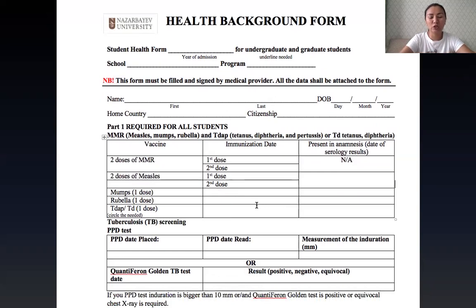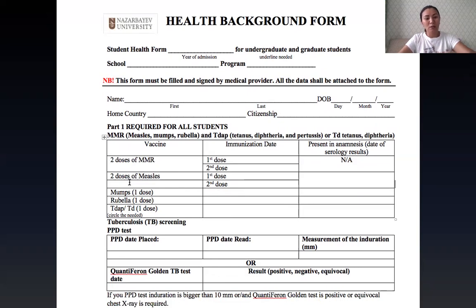Part one basically shows mandatory vaccinations against mumps, measles, rubella, tetanus, and diphtheria. Tdap stands for tetanus, diphtheria, and pertussis. TD is for tetanus and diphtheria.